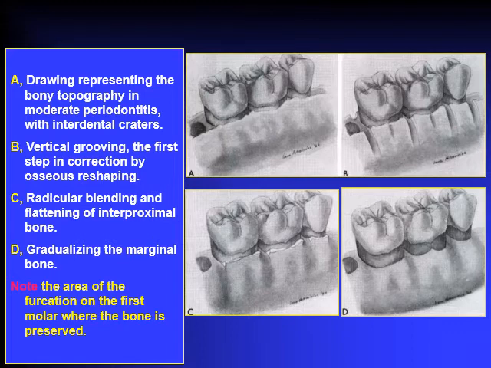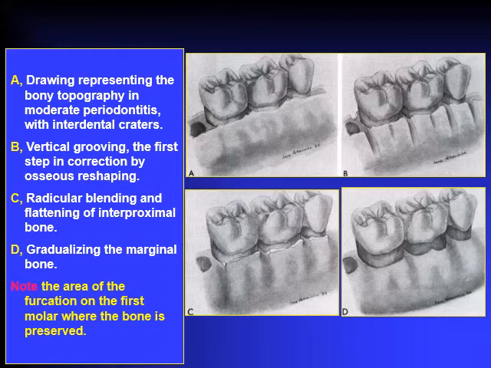This is the original lesion, a shallow crater and heavy bone ledge, or thickening, or buttressing conformation. In B, we did vertical grooving in the interradicular bone. Then in C, we make what?